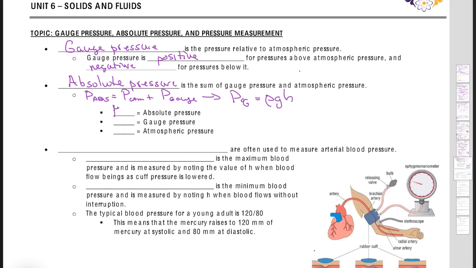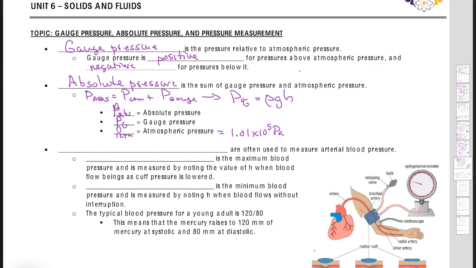Absolute pressure is given the symbol P abs. Gauge pressure, you can call it P capital G or P gauge, whichever you want to use. And atmospheric pressure is P atm. But remember, atmospheric pressure has a value of 1.01 times 10 to the 5th pascals. So if they give you anything other than that, you need to convert to this number.